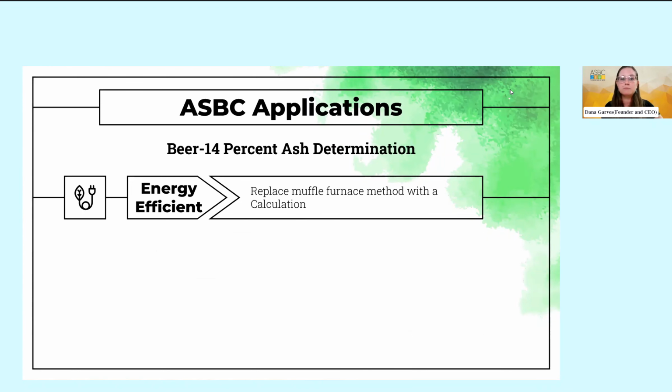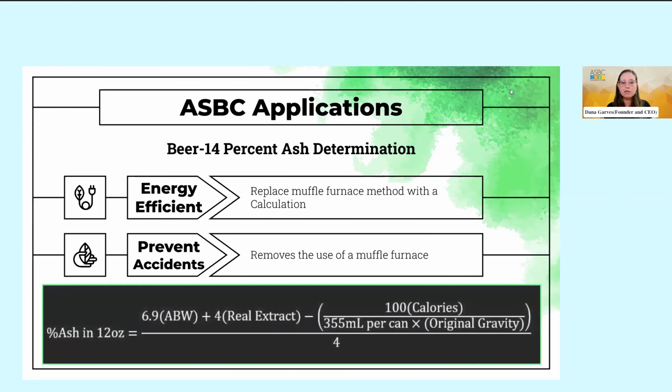We don't have to get that muffle furnace up to an insane temperature, even though it might warm your lab. I highly recommend switching to a calculation because it also removes that need for your lab techs to interact with something insanely hot. And so this is the calculation for percent ash in 12 ounces.